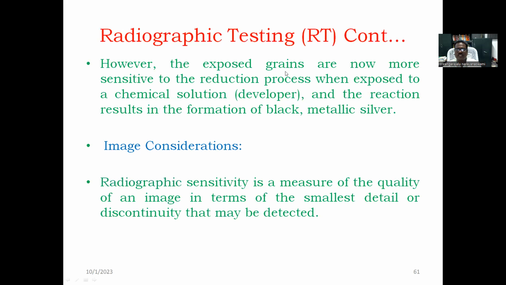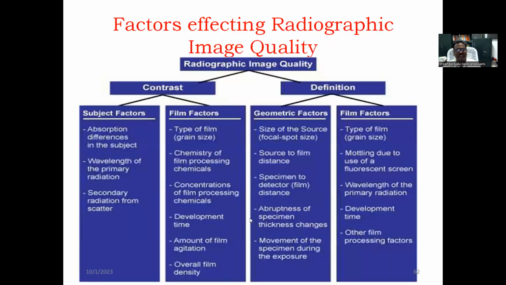However, the exposed grains are now more sensitive to the reduction process when exposed to a chemical solution, the developer, and the reaction results in the formation of black metallic silver. Image considerations. Radiographic sensitivity is a measure of quality of an image in terms of the smallest detail or discontinuity that may be detected.